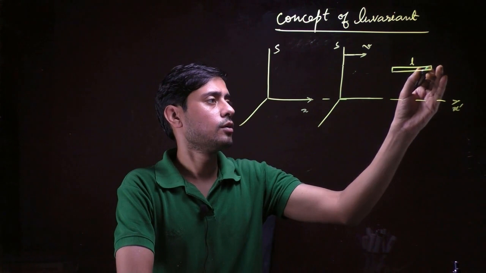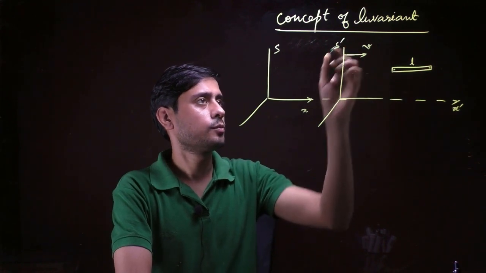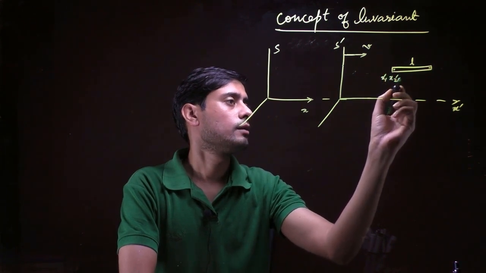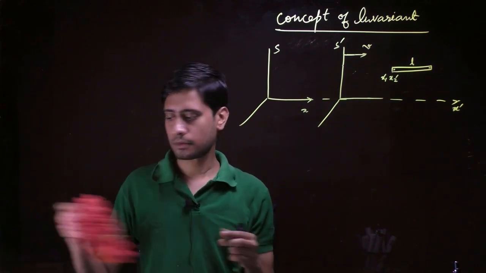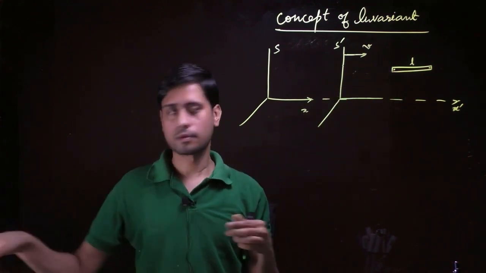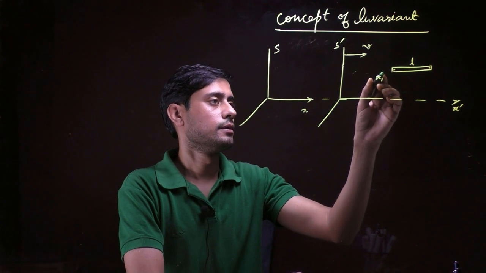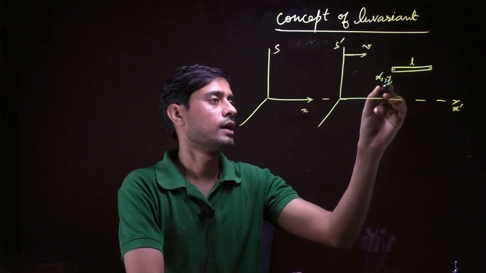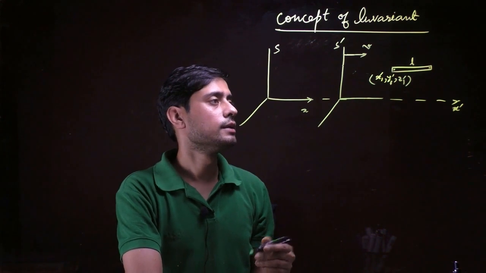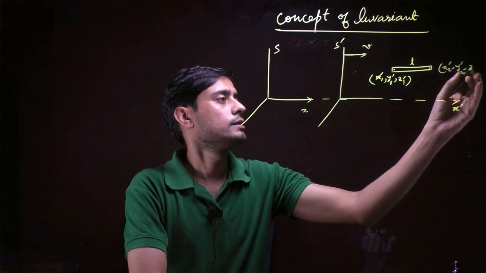So the ends of the rod will have different coordinates. With respect to the S prime frame, we will have x1 prime, y1 prime and z1 prime as the coordinates of one end, and the other end's coordinates will be x2 prime, y2 prime and z2 prime.